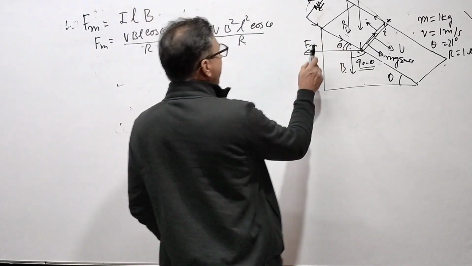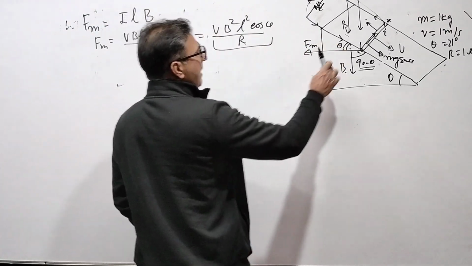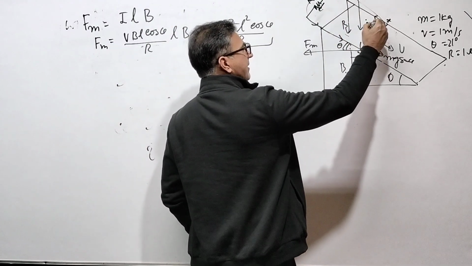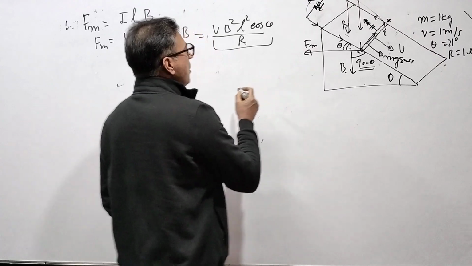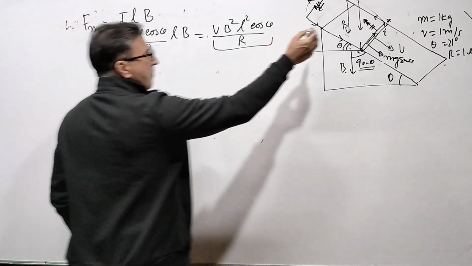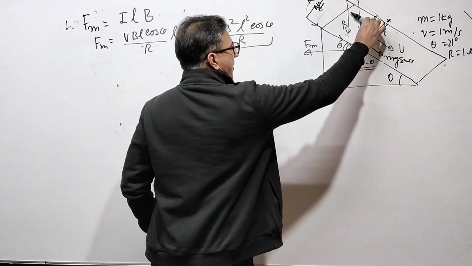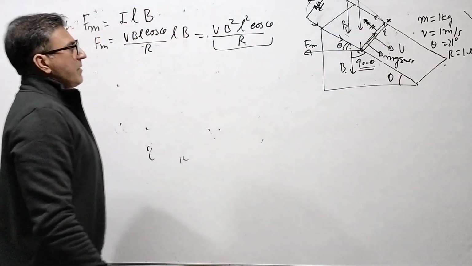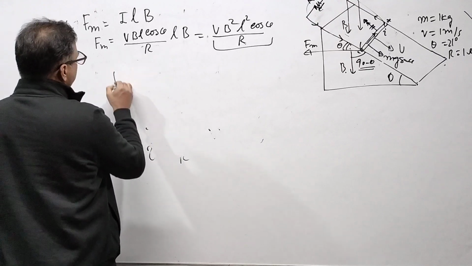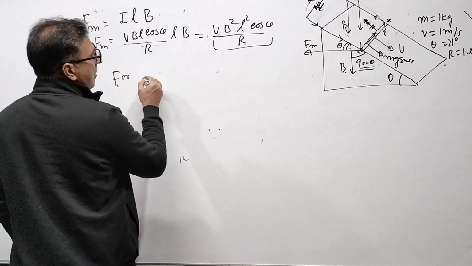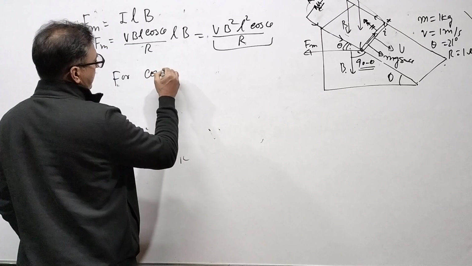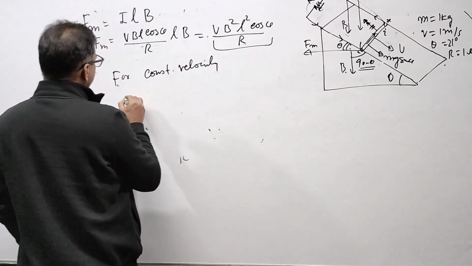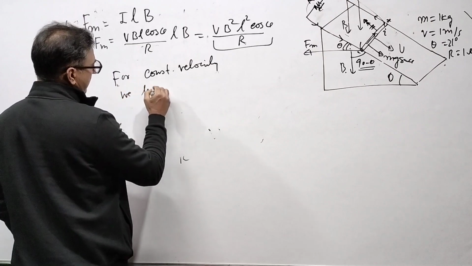तो ये है ये मैग्नेटिक फोर्स, लेकिन अब इस मैग्नेटिक फोर्स का कंपोनेंट जो इस ओर आएगा, this component we need. So now that component of the magnetic force should be balanced with this, so that the rod will move downwards with a constant velocity. So for constant velocity, we have a condition.